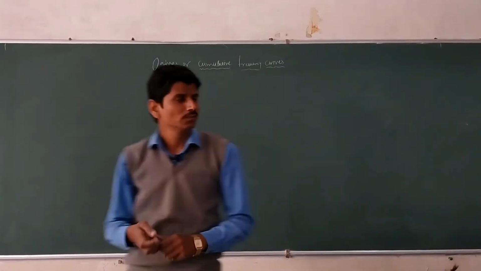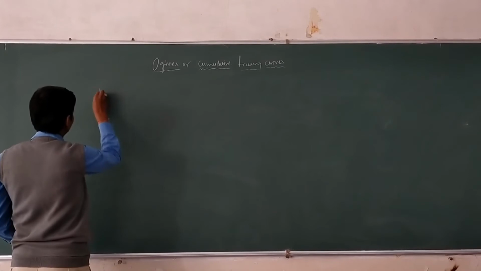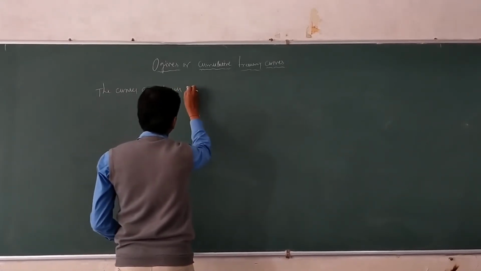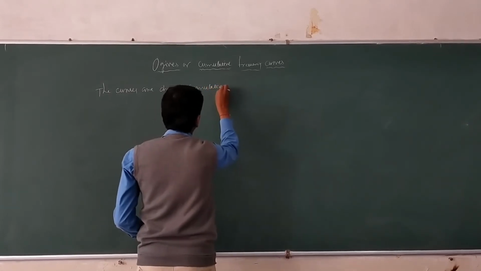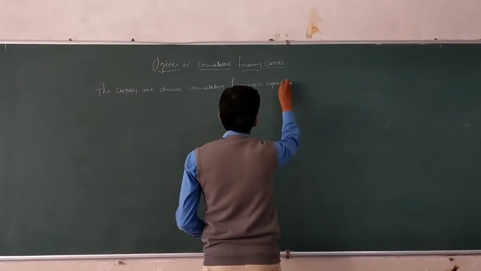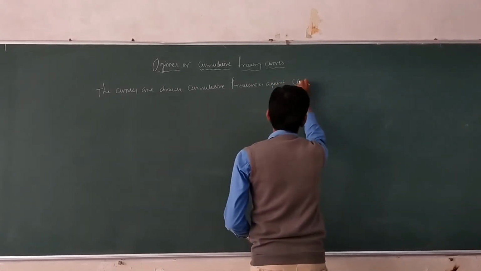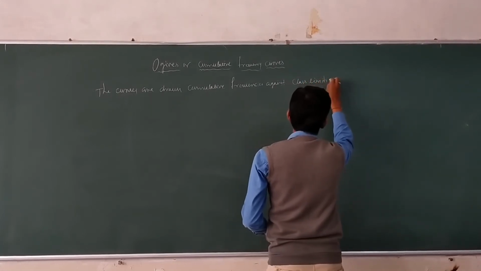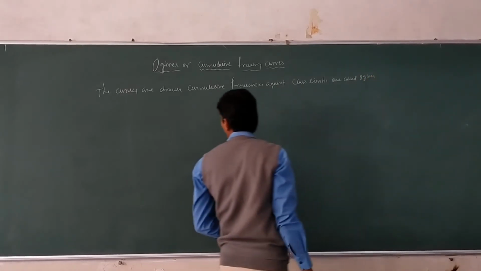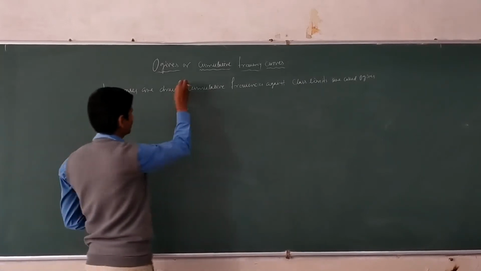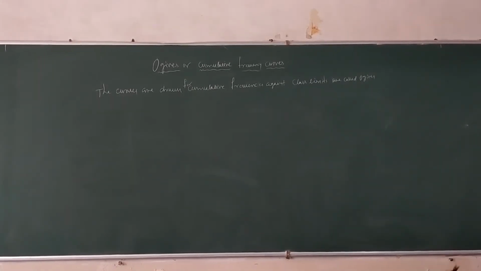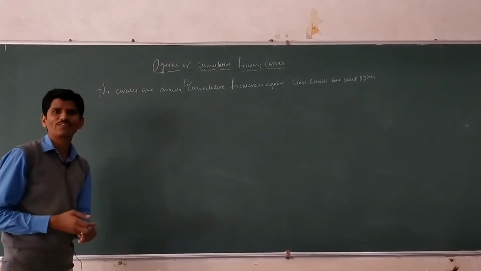What is an ogive? Here is the definition. The curves drawn for cumulative frequencies against class limits are called ogives. Here the curve is nothing but a freehand curve, that is, a smooth curve.